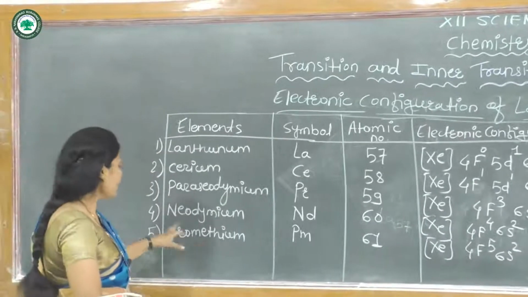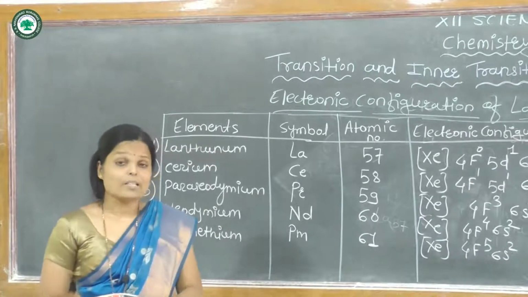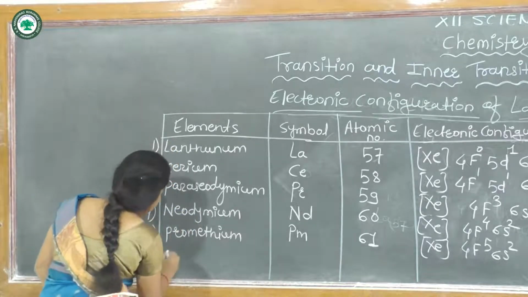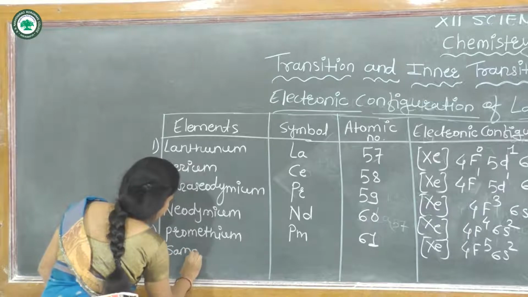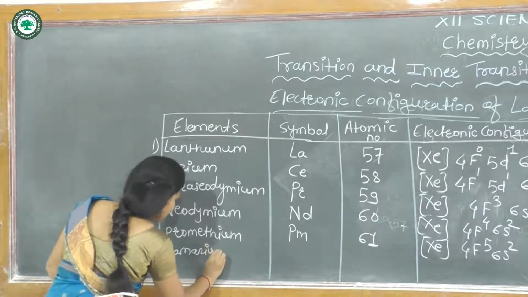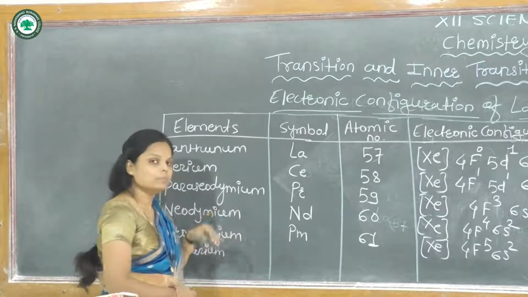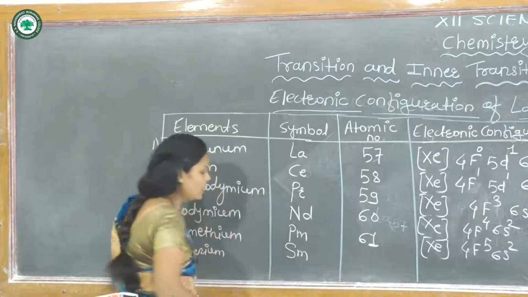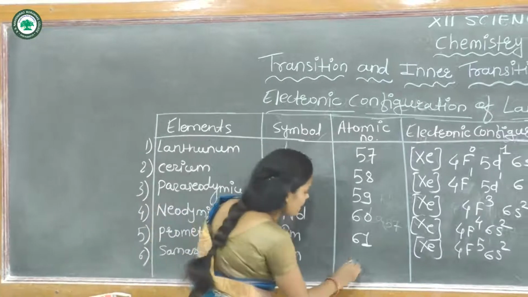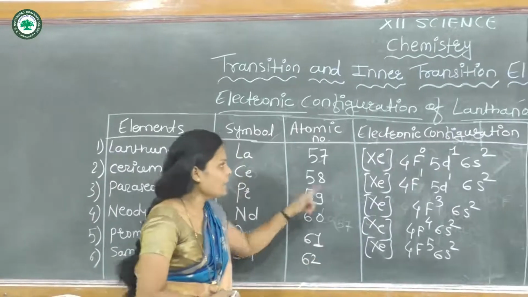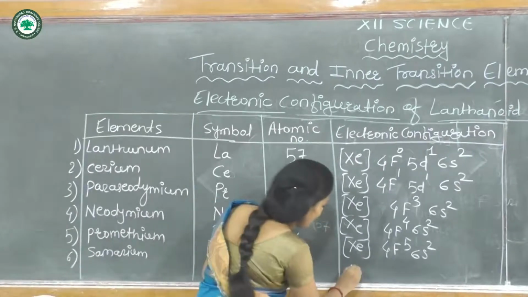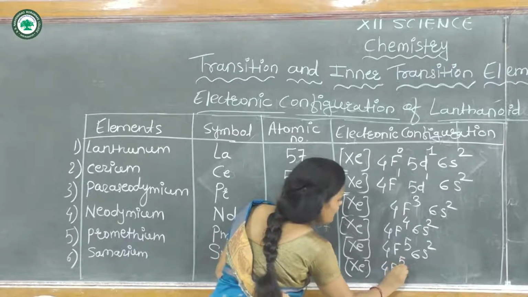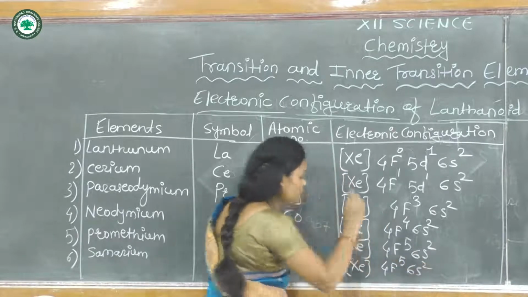Then the next element is samarium. The symbol of samarium is capital S, small m. The atomic number of samarium is 62, and the electronic configuration of samarium is Xe, 4f6 and 6s2.